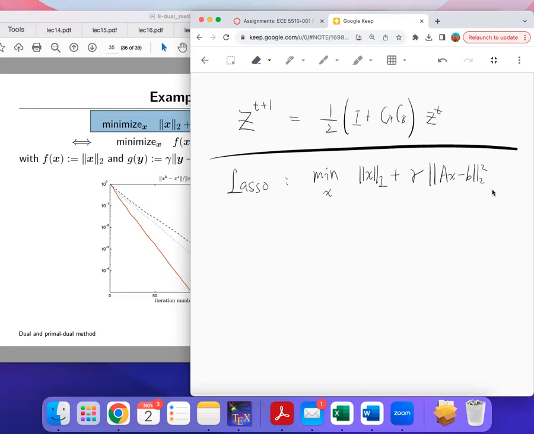This is a relatively easier problem because this term is differentiable, and this term is non-differentiable, but we can do the proximal mapping. So we can do the proximal gradient update. But this problem is very different.